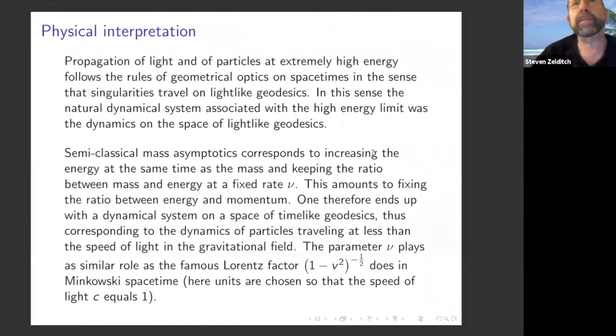And that's why when we did the massless case, we end up with the dynamics on the space of null geodesics. But when we do semi-classical mass asymptotics, we're increasing the mass and the energy at the same time, in a fixed ratio. So we end up working on a space of time-like massive geodesics.